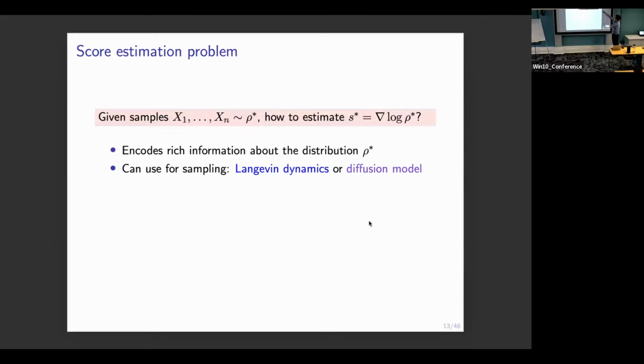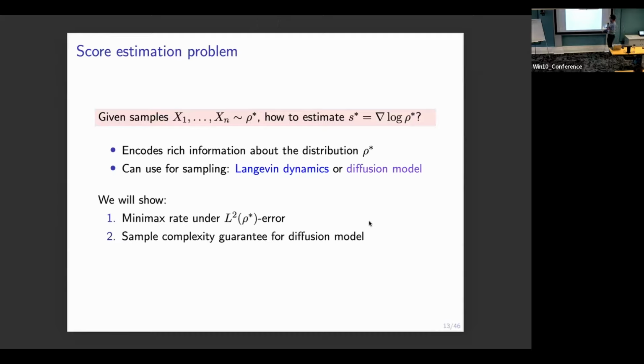So, right, this is the problem again. We have IID samples, and we want to estimate the score function, right? And what we will see is that first, we'll see a minimax rate under an error loss, which is this L2 loss weighted by the target distribution, and also how that implies for the diffusion model.